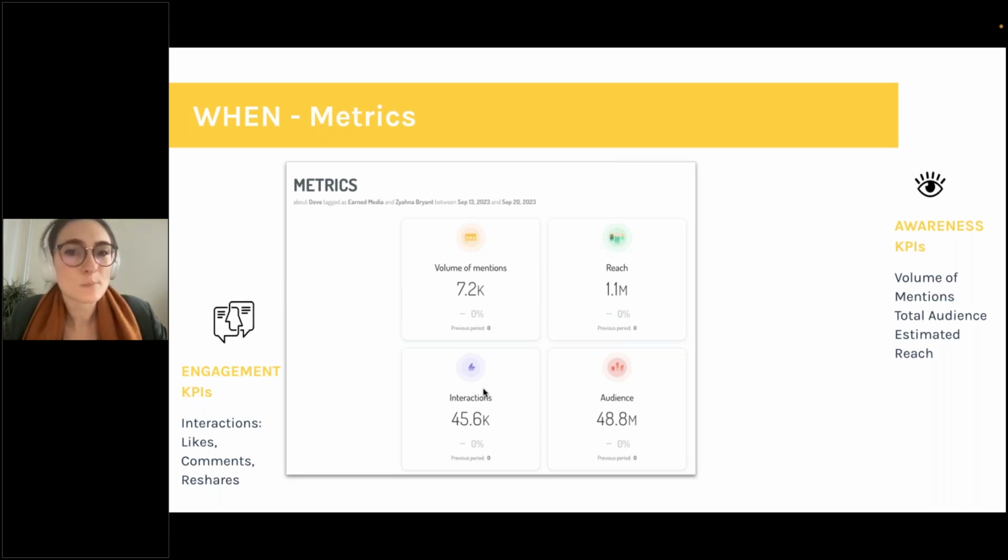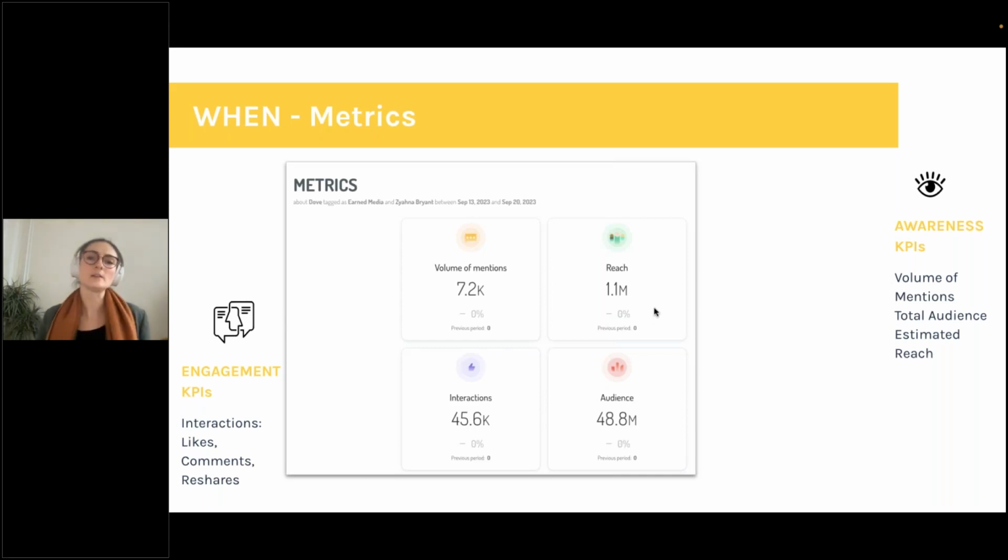Maybe it's good to pause here just a bit, because we often get this question in trainings: what's the difference between audience and reach? Audience is the total potential number of people who have been exposed to this controversy. Basically, for all the authors and all the accounts that have been vocal about this, we sum up all their followers, and this is the total audience.